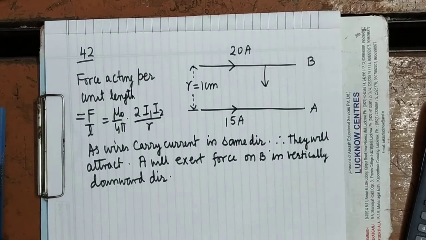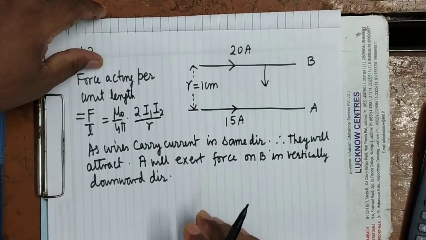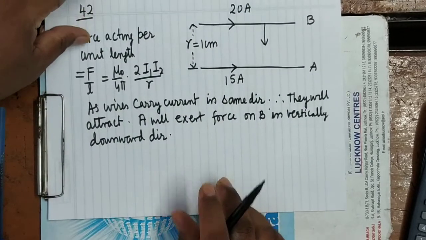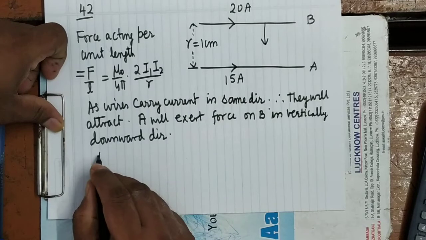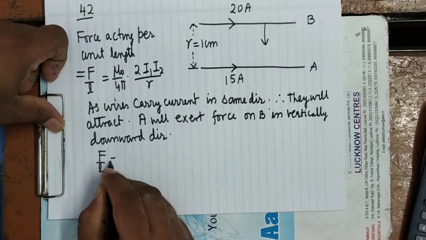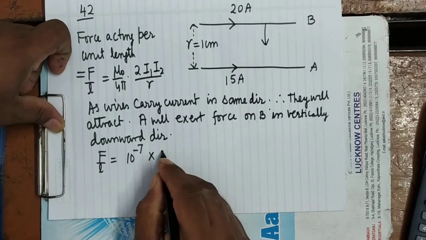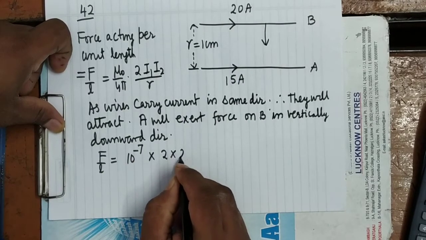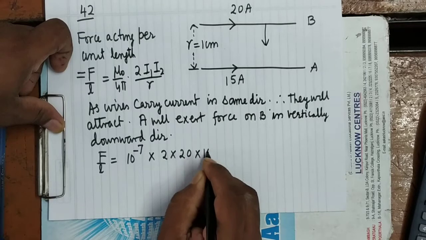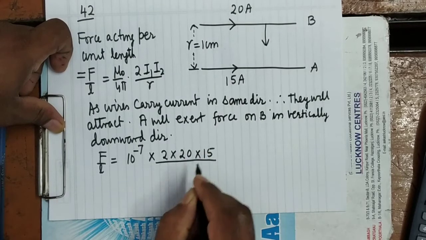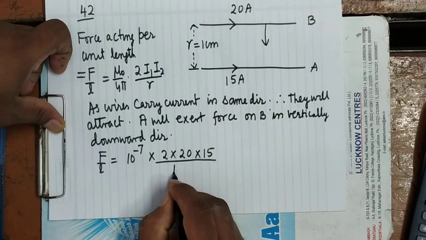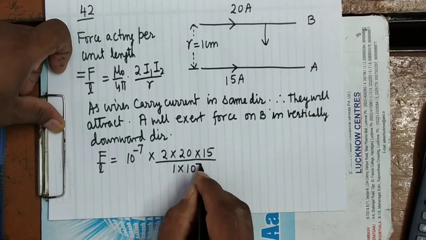What will be the magnitude of force? You take one value as I1 and the other as I2. So what will be F upon L? Mu naught upon 4 pi is 10 to the power minus 7. This is 2 into 20 into 15. And what is the distance here? r is 1 centimeter, that is 1 into 10 to the power minus 2.